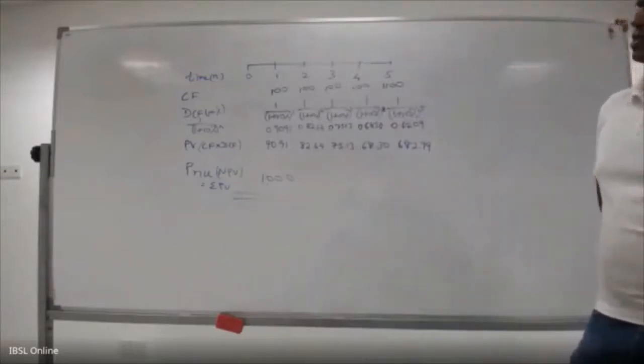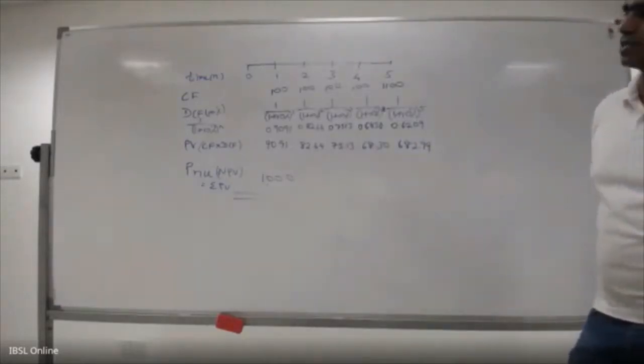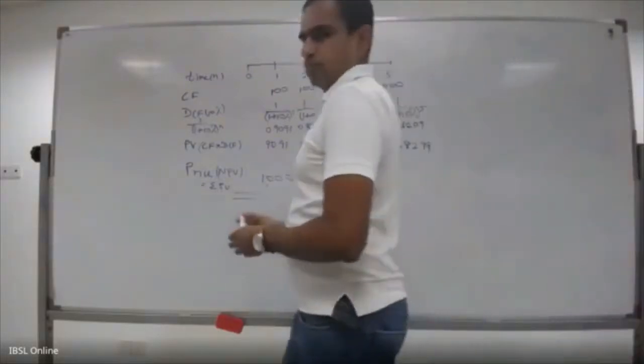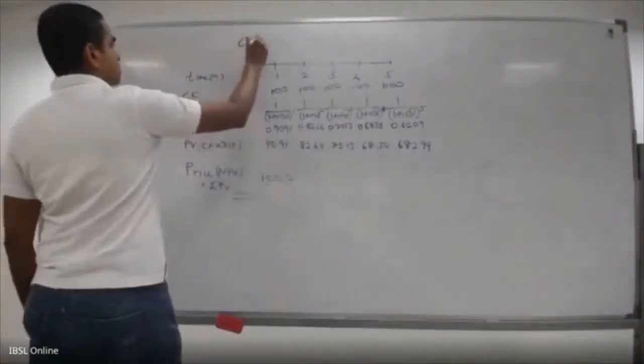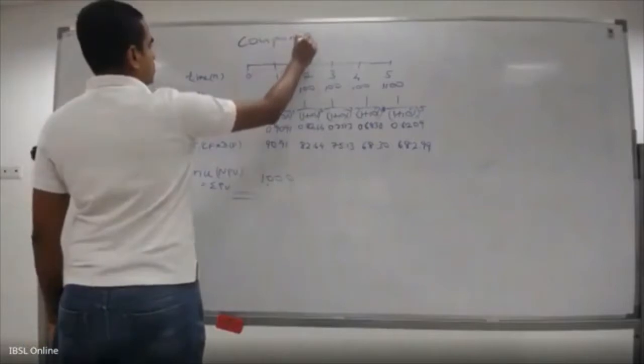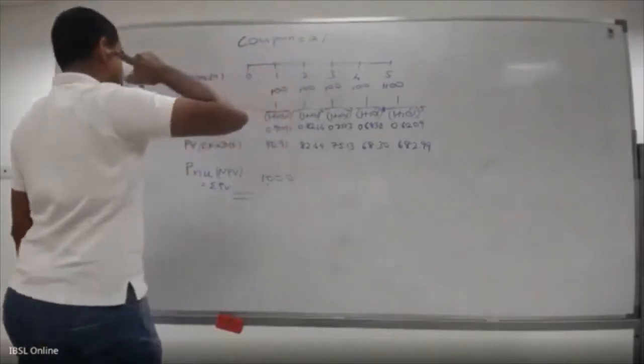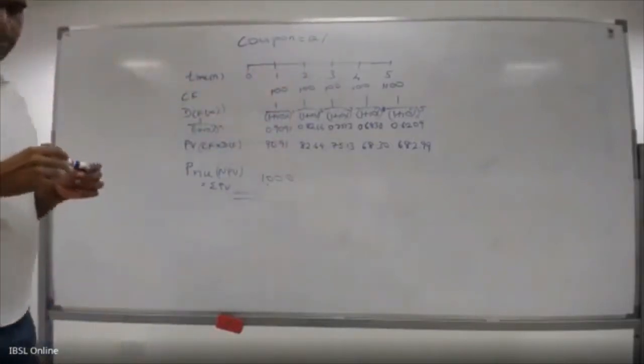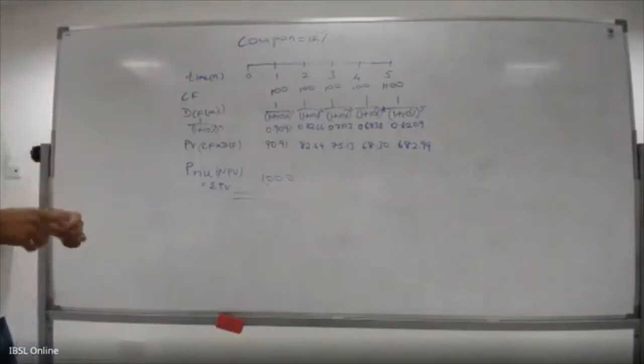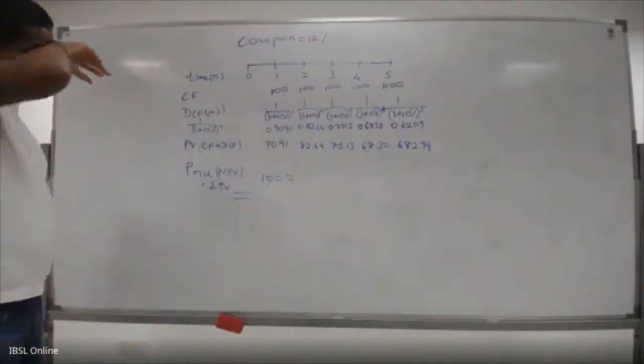Let's assume the coupon is 12%. What happens when the coupon is 12%? Shall we calculate the price? Yield is the same, 10%. Let's calculate the price when the coupon is 12%.